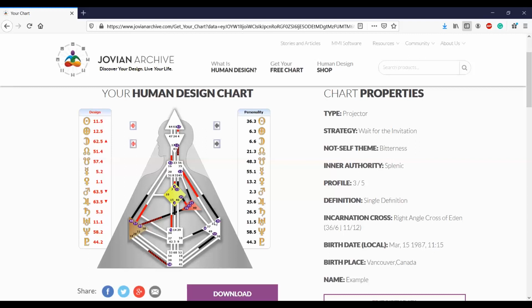Here, for example, if we had split definition, if you remember what I said, there would be two sets of centers without any connection.